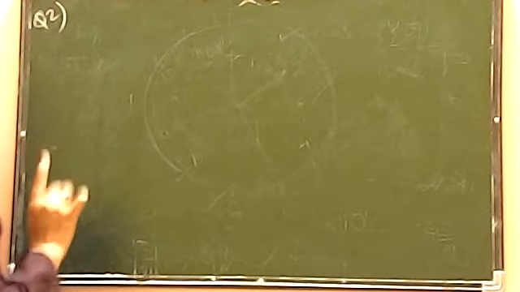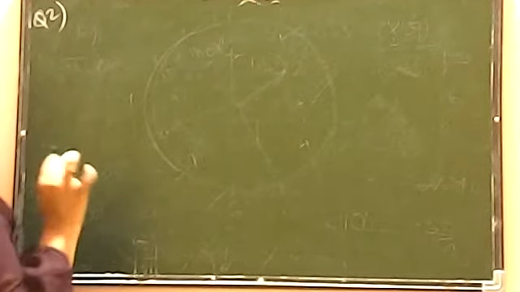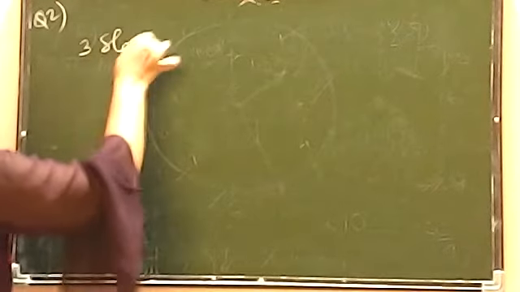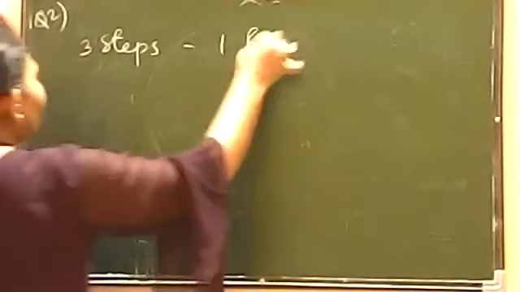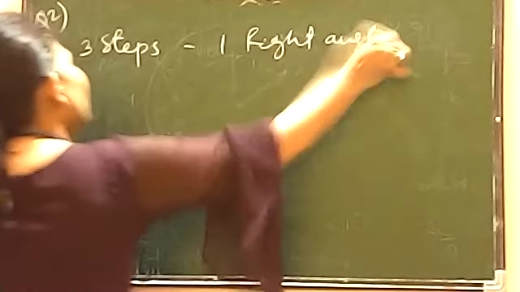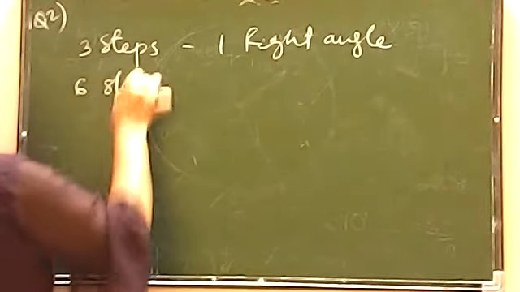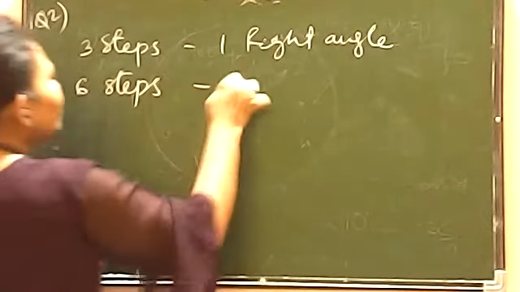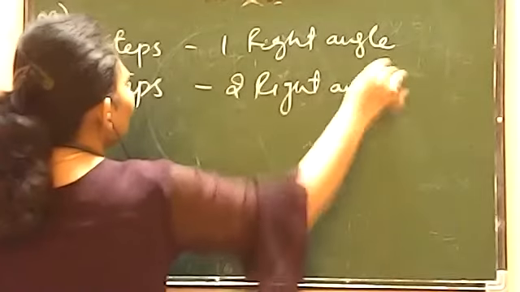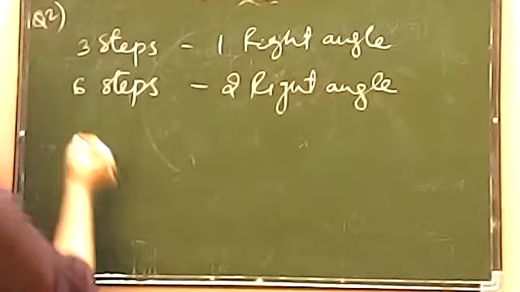Now if you remember, मैंने आपको शुरू से एक short trick बताई है. When you cover 3 steps बेटा, okay, you have one right angle. When you cover 6 steps, you have 2 right angle, or you can call it one straight angle.